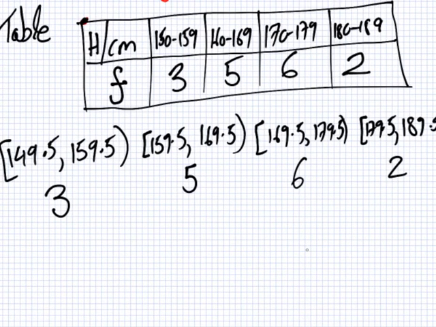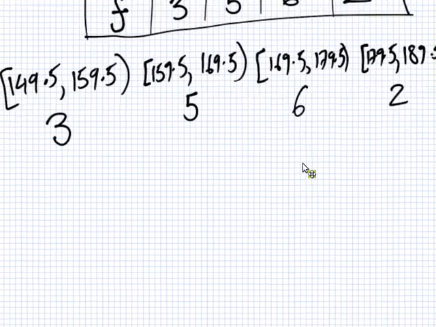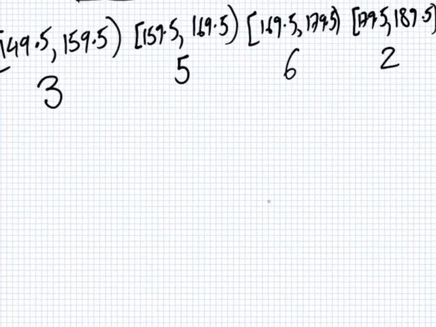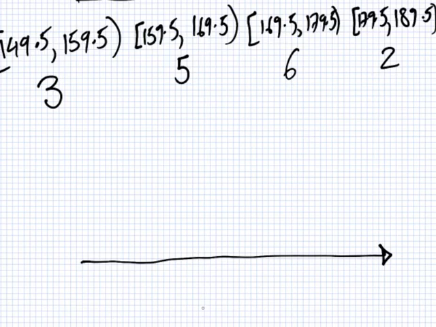So how to represent this data, this table, in a graph? Well, we use something called a normalized histogram. So let me show you how to make a normalized histogram and what exactly it is. Now, a normalized histogram looks a lot like a bar chart, but it's not quite a bar chart. On the x-axis, you have your height.